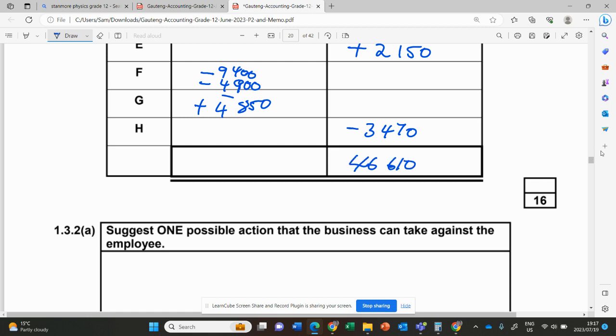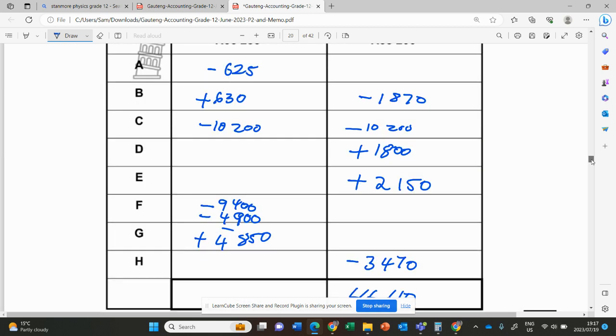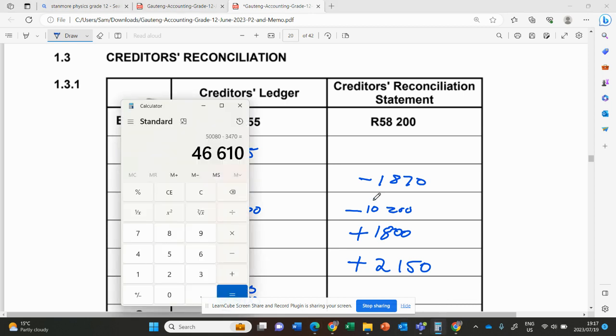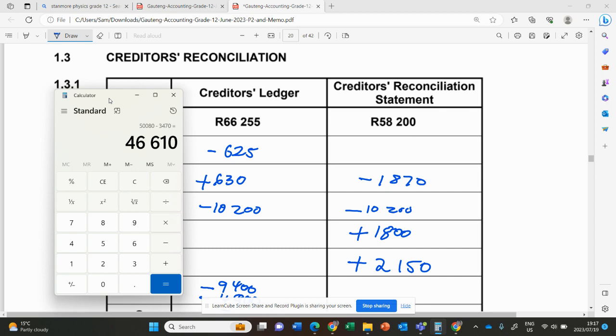Then now, let me see, the creditors ledger, our books, Mojo Traders. This is gonna be 66,255 minus 625 plus 630 minus 10,200.